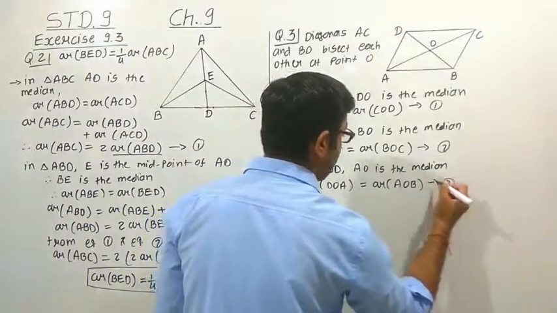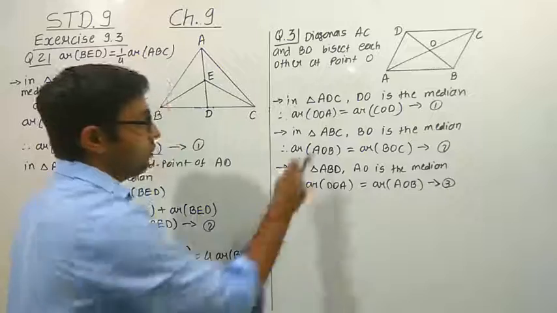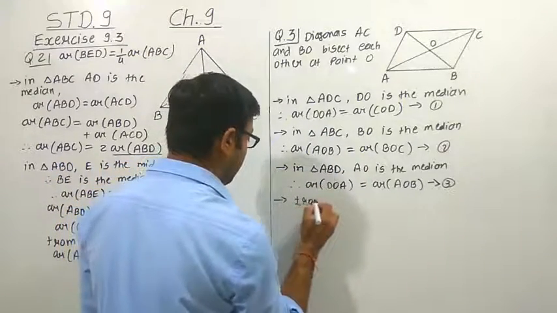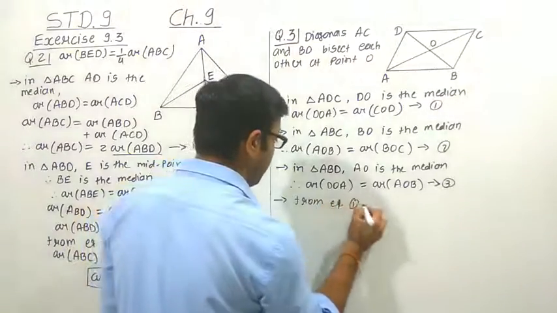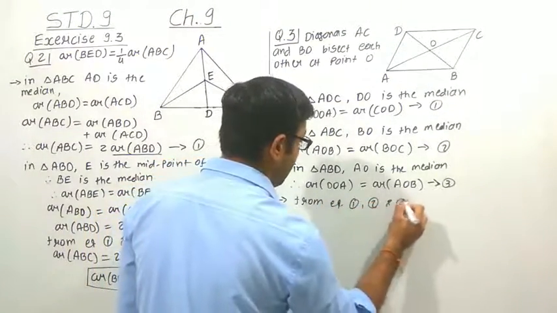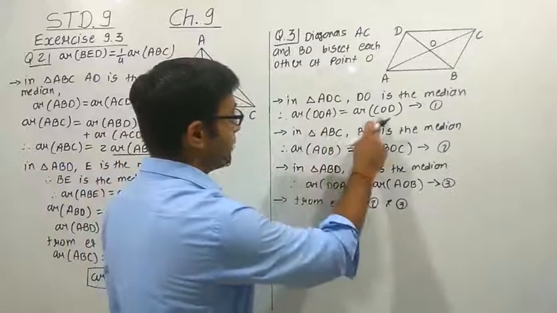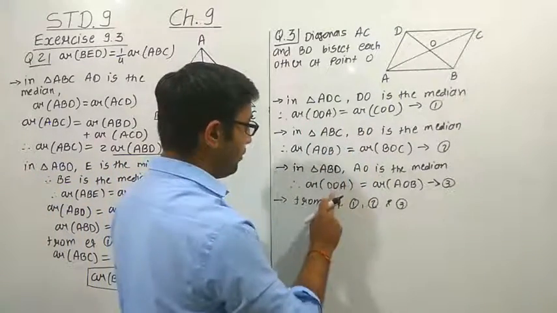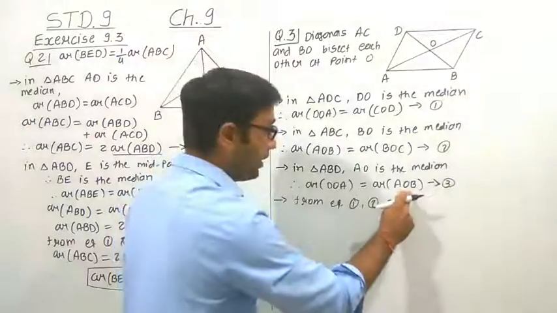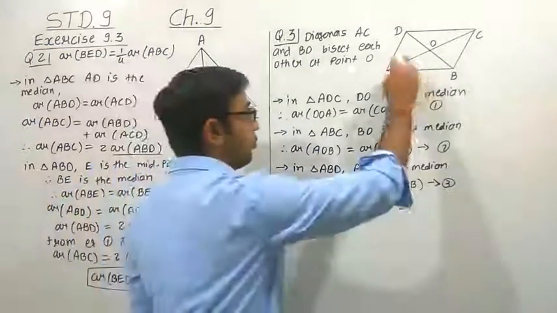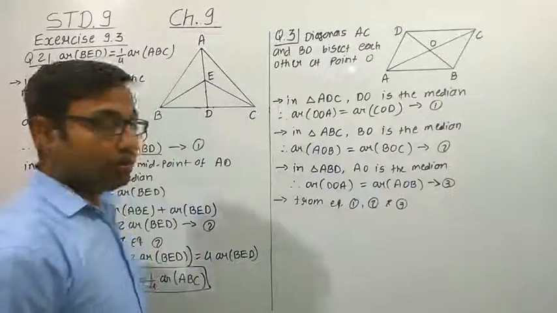Give it the equation number 3. Now see, equation number 1, 2 and 3. What can we write down from equation number 1, 2 and 3? Area of DOA is equal to COD, area of DOA is also equal to AOB, and area of AOB is equal to area of BOC. That means all these four triangles have equal areas.